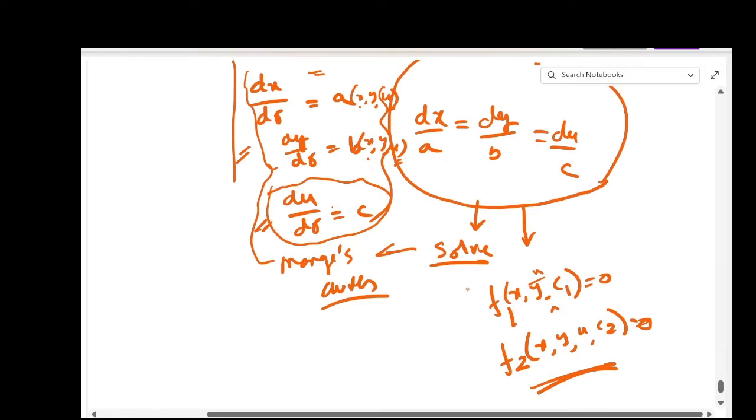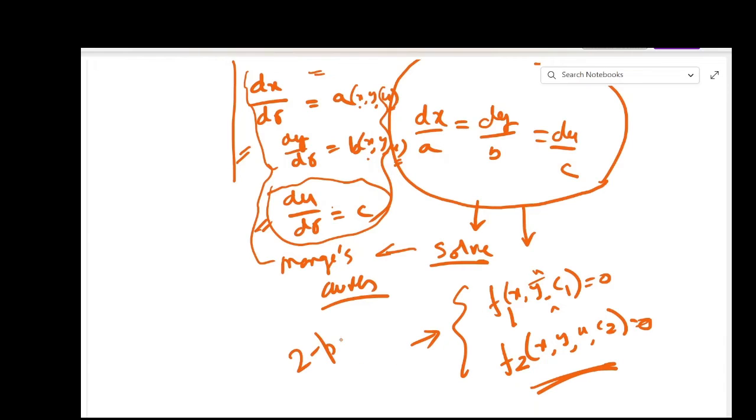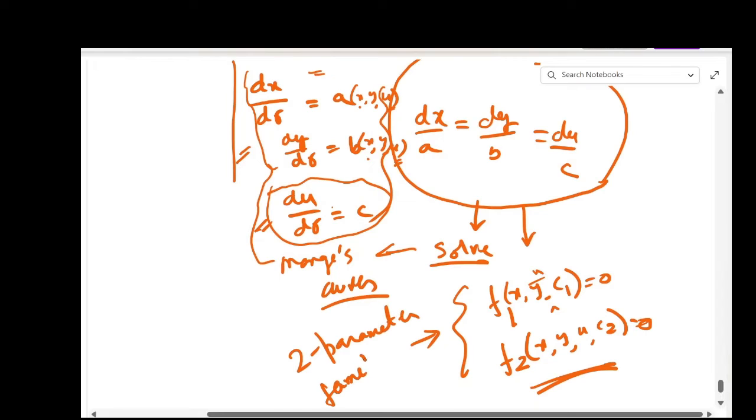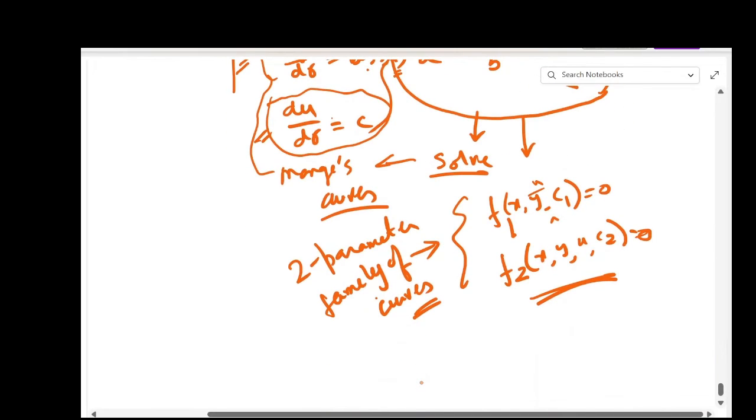That means this Monge's curve is actually a two parameter family of curves, not a single parameter, but a two parameter family of space curves. I say space curves because I cannot limit myself to the xy plane; we have to take u into consideration throughout. Two parameters: one for c1, another for c2.